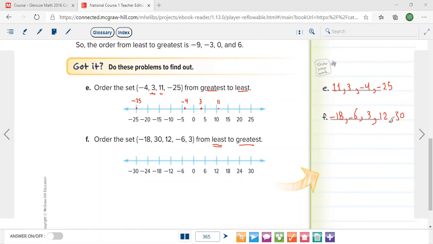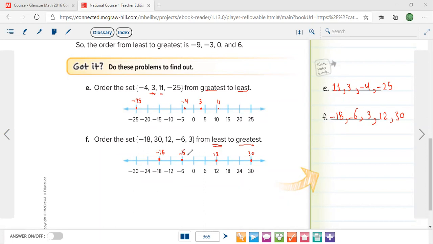Or if you don't know how to do it mentally, use the number line and locate every number. -18 is here. This is -18. Then 30 is here. And 12 is exactly here. And -6 is exactly here.